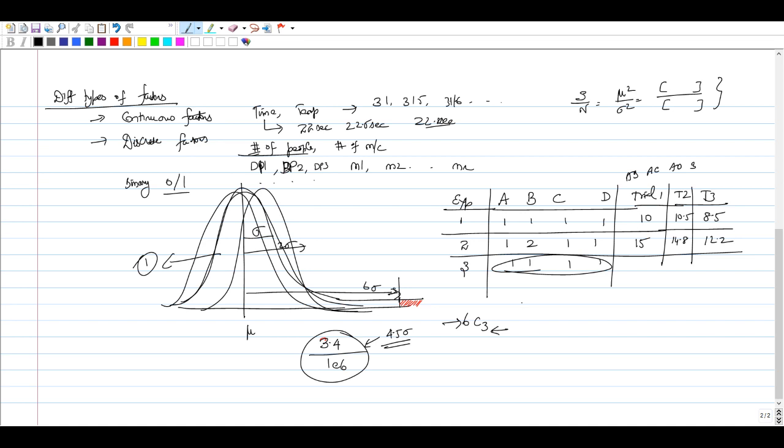Yeah, so the point is, what Varshil is asking is, I have 15 or 14 experiments, right? Bear with my handwriting.